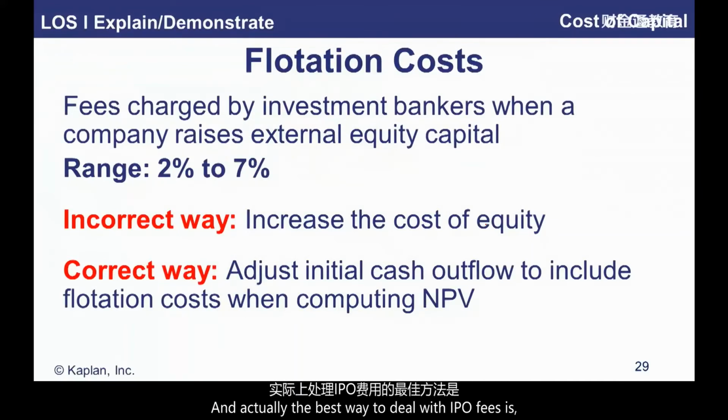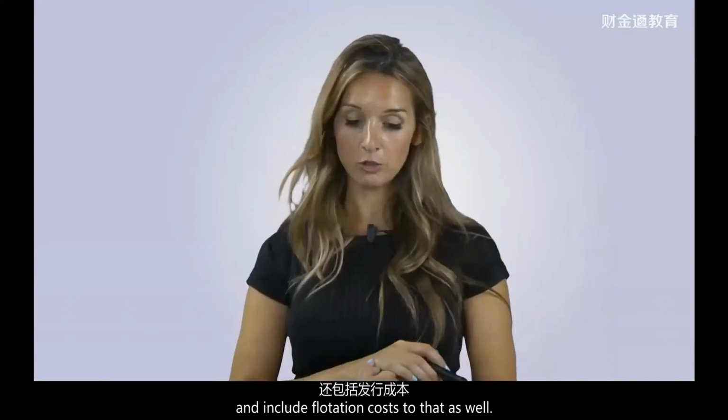And actually, the best way to deal with IPO fees is think of them as an initial cash outflow. So take your cash flow at time zero, your initial cash outflow, and include flotation costs to that as well.